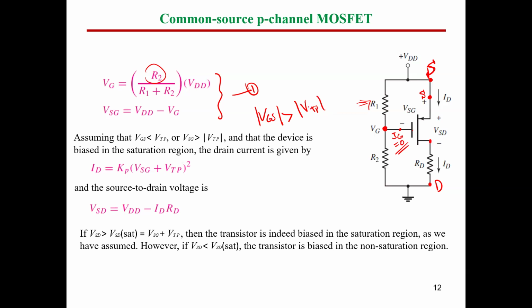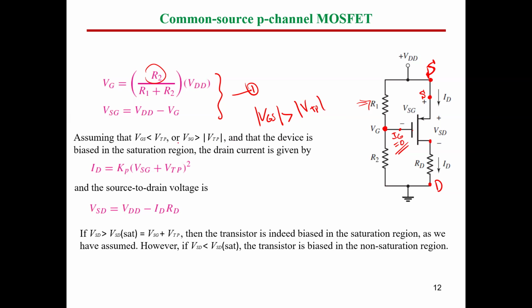If the number is greater than VTP, this means the device is going to be biased, the device is going to be on. And we need to have it greater than the VDS saturation.